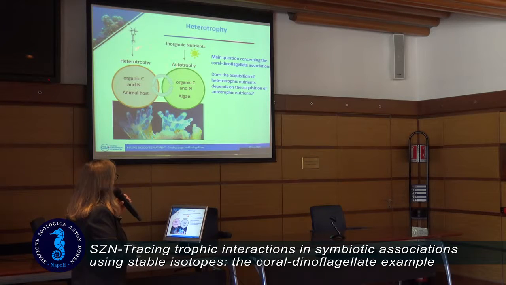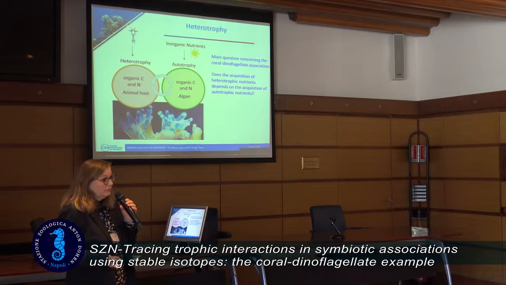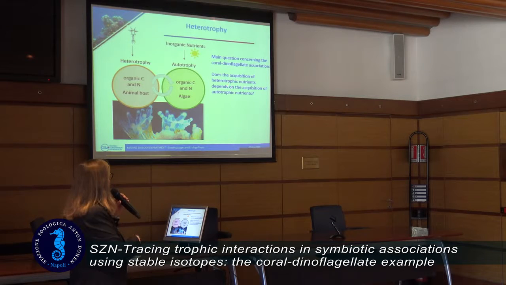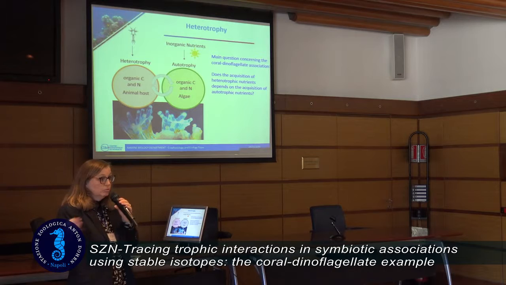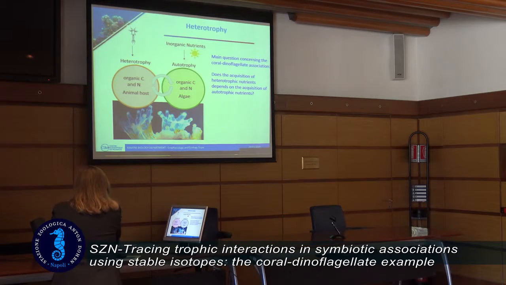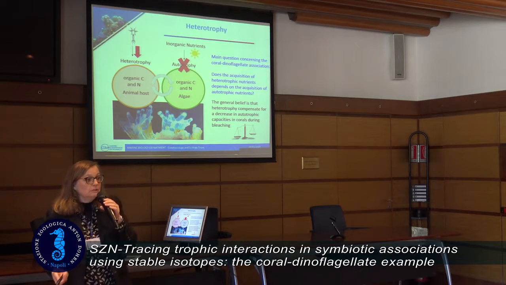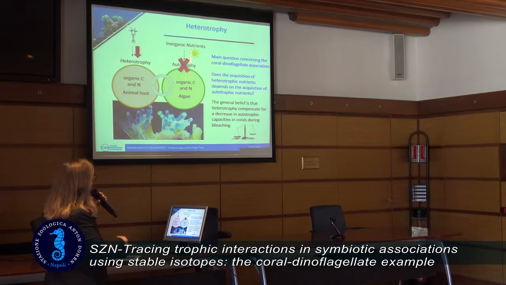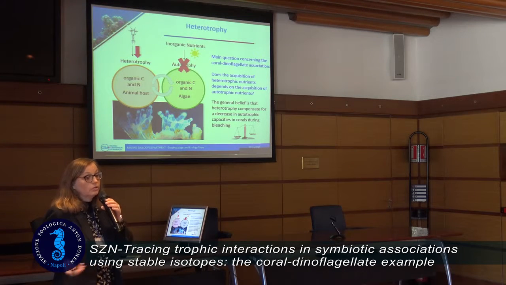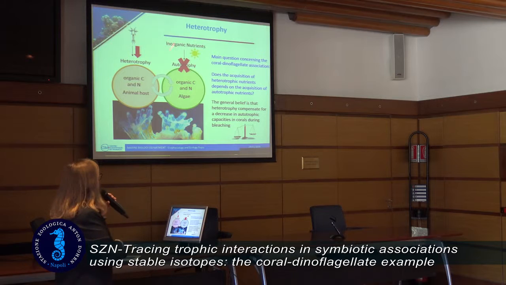And one of the main questions concerning this heterotrophy is to know if the heterotrophic acquisition of nutrients depends on the autotrophic acquisition of nutrients. I mean how the two are related to each other. And usually, the general belief is that when the coral cannot anymore feed on autotrophy, for example during coral bleaching, then it shifts to heterotrophy.